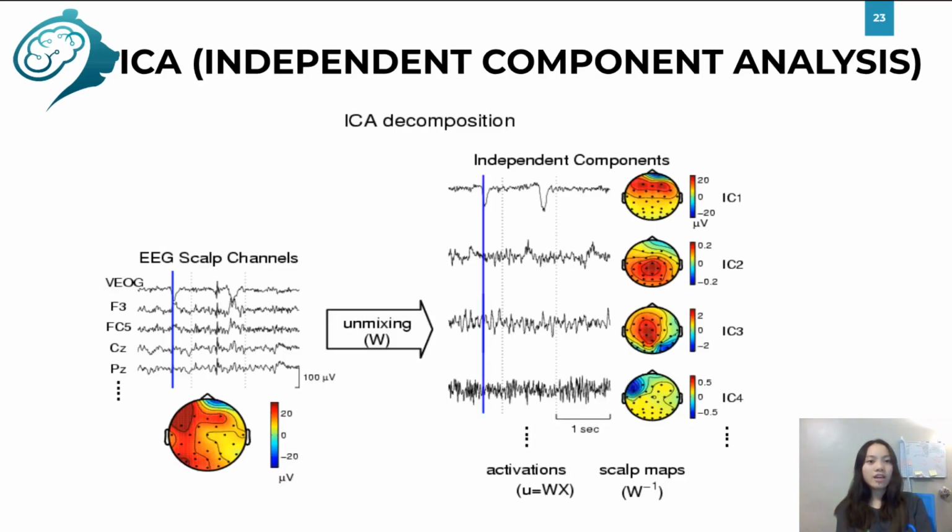ICA is a technique that separates and localizes independent signals that have been added together. This can be easily understood with an analogy. Imagine you're at a party and you're searching for your friend whom you hear in the background. You attempt to isolate his or her voice from the noise of other conversations, and this is what ICA essentially is about.